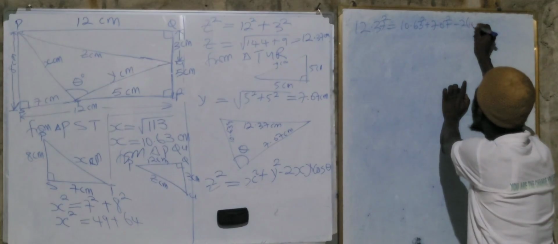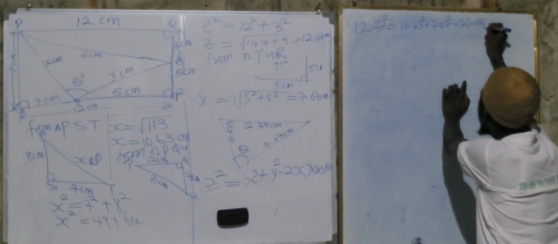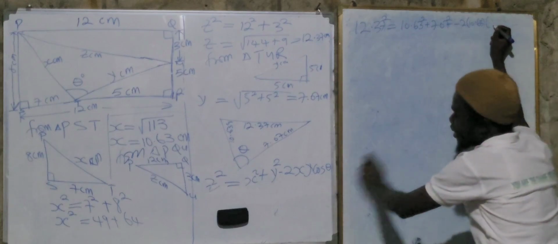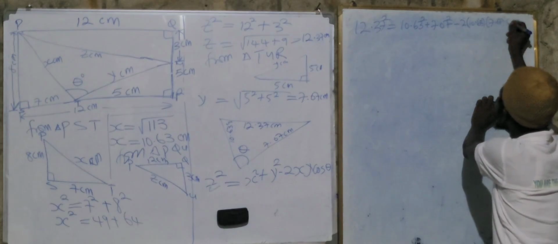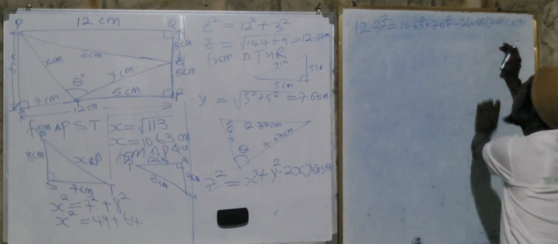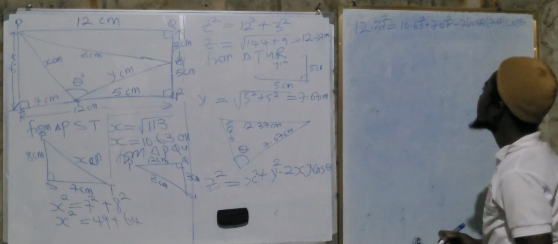X is 10.63 and y is 7.07. Are we right here?